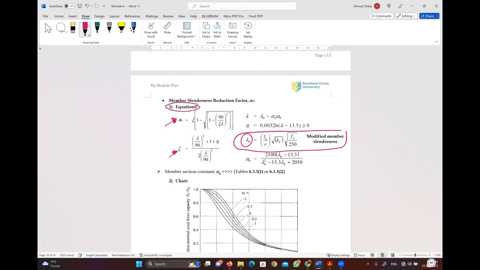So first of all, we need to find lambda n, and this is the formula for lambda n, which is L effective over r times root kf times root f yield over 250.